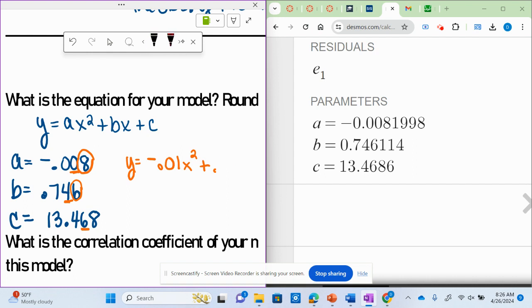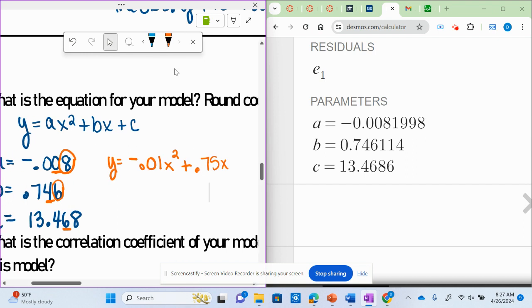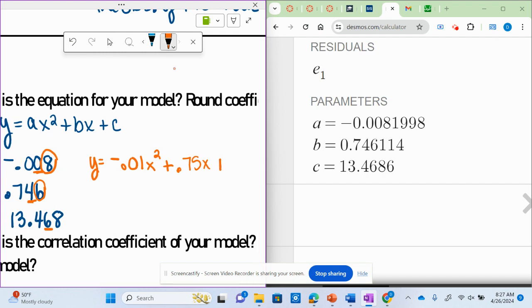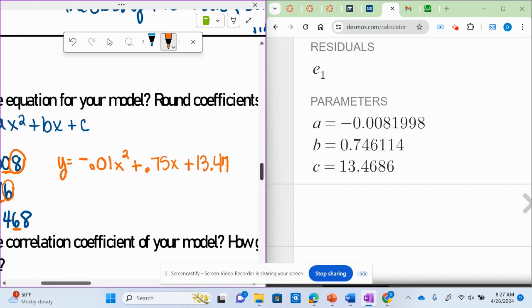Plus 0.75x, and then what about the C term? What's that going to be? 13.47. So plus 13.47. And that is our regression model that we're going to use.